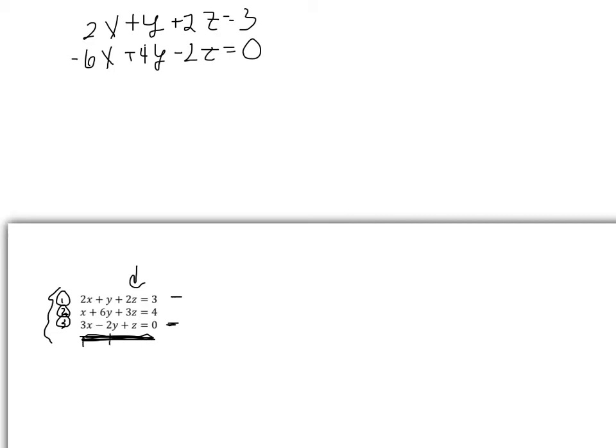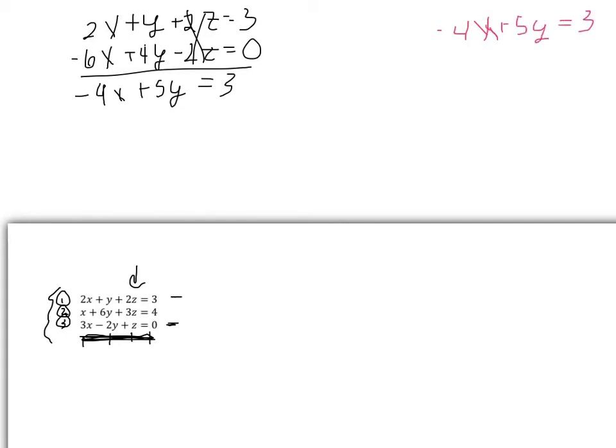So we're multiplying that negative 2 by each of the terms here. Add these up, negative 4x plus 5y, the z's cancel, equals 3. So now I'm going to put that over to the side: negative 4x plus 5y equals 3. So we've used the first and the third to get rid of the z's.